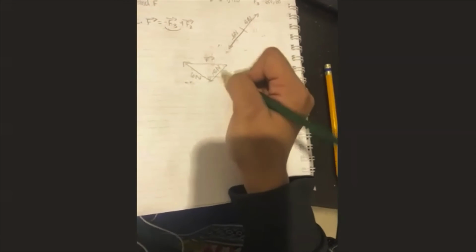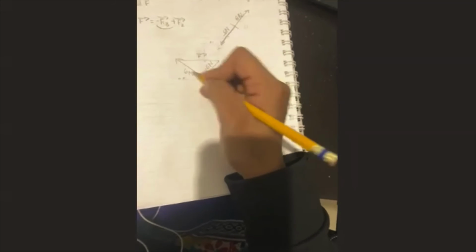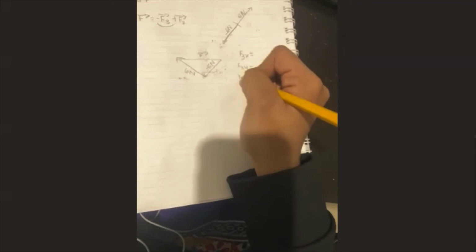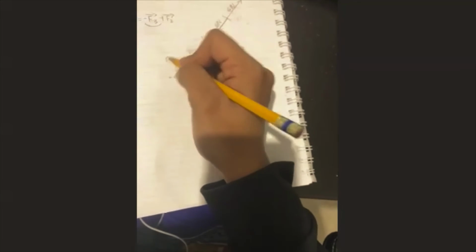To break it down into its components, we need to know, if this is f3, f3x, the x value of f3, and f3y. And if this is f2, we need to know f2x and f2y. You know the x and y components of them.